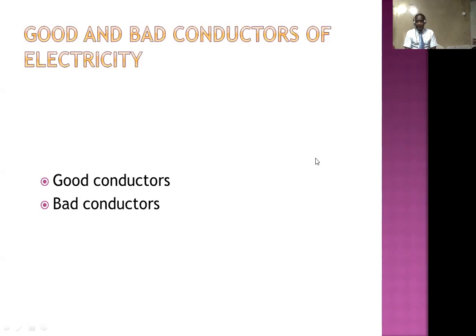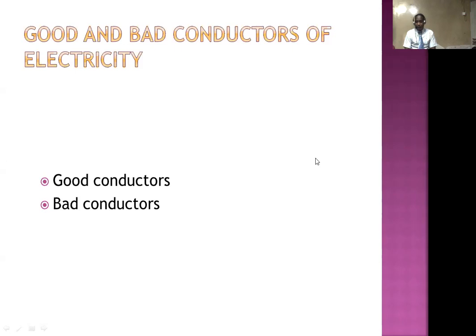Pupils, examples of nonmetals which are good conductors of electricity include mineral water, acids, and graphite. Bad conductors of heat or electricity, these are the materials which do not allow electricity to pass through them completely. They are said to be bad conductors of electricity.